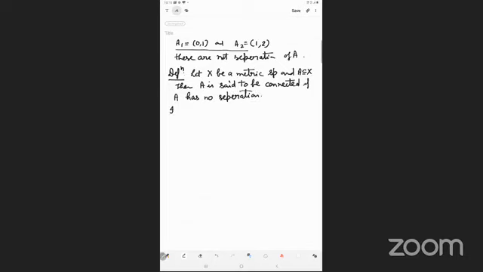If A has a separation in X, then A is called a disconnected set.